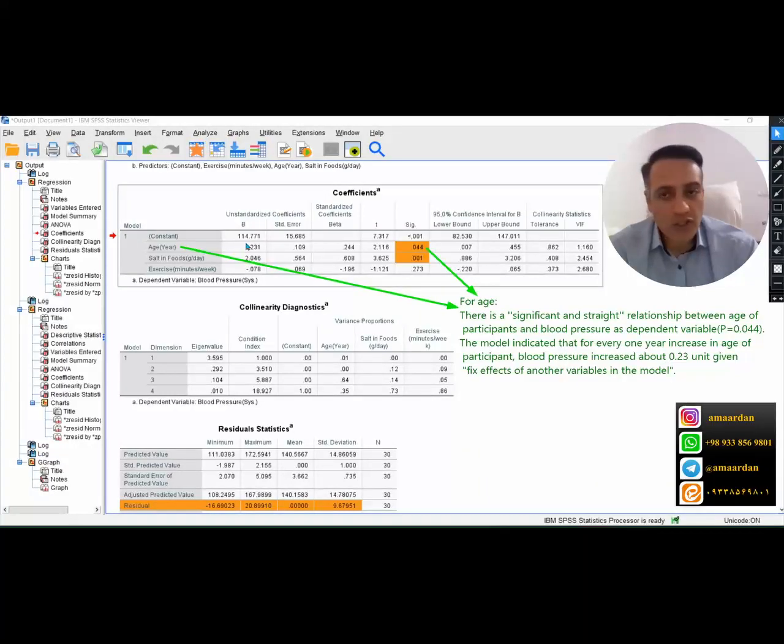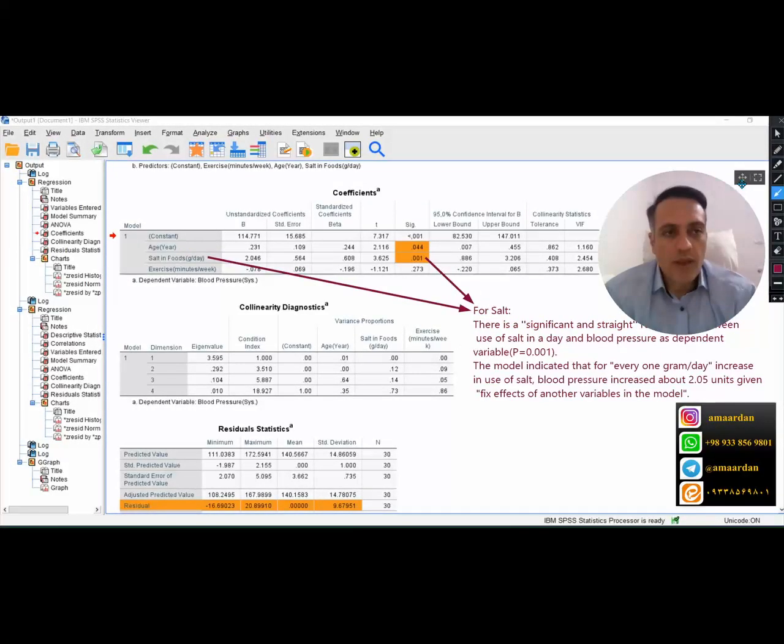Because the coefficient of age is 0.23, with its unit given. Why this? Given fixed effects of the other variables in the model. Because in the interpretation of regression coefficients, we interpret the main effect of every independent variable. Then we write given fixed effects of the other variables in the model.